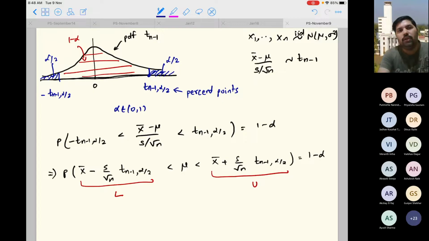Depending on how good the estimate of S is, the estimate of mu can vary. Suppose the estimate of S is some value alpha, and in another case it is 1.2 alpha. Won't the range for mu change?